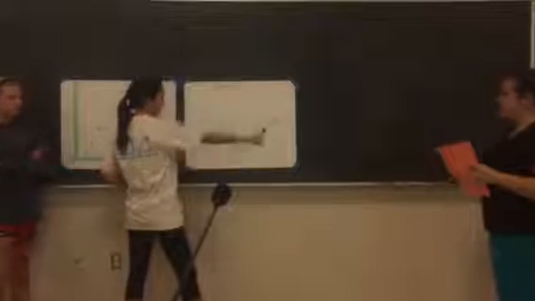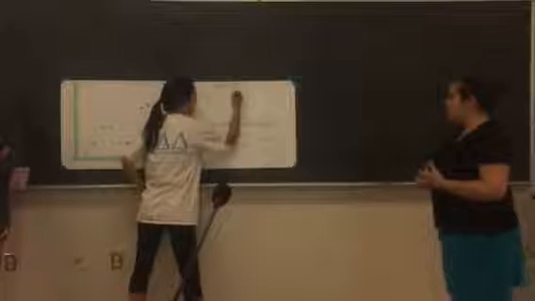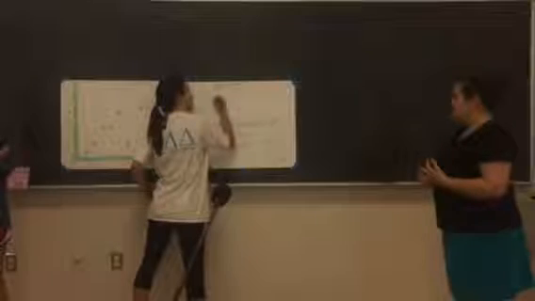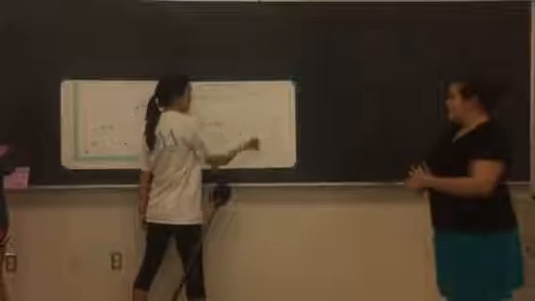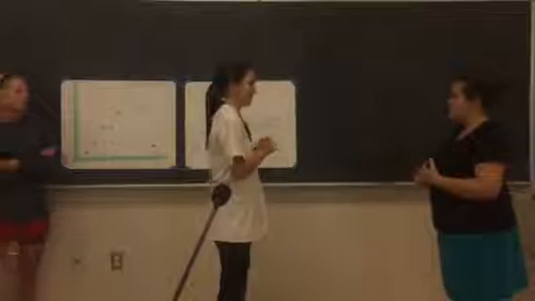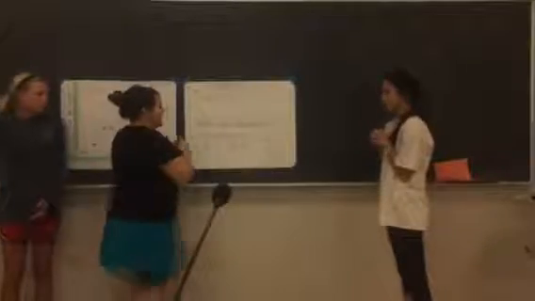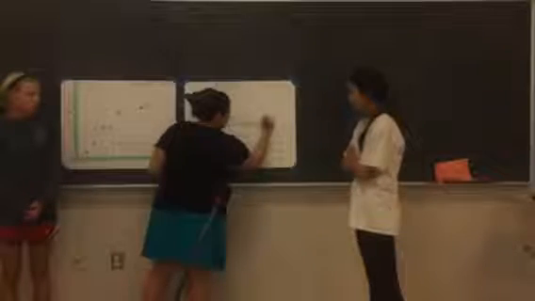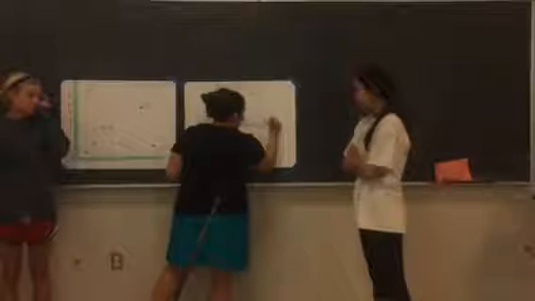So here we have a box plot of the average high temperature of Lubbock from April 19th to April 27th. Well, we need to label what our low and high are and our Q1 on here. So for this, we'll label Q1, Q2, and Q3. And then this is our low, and then this is our high.